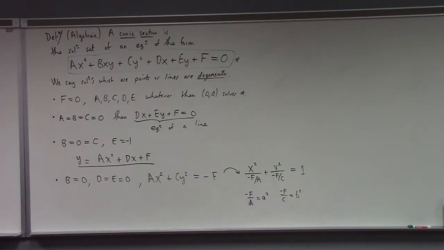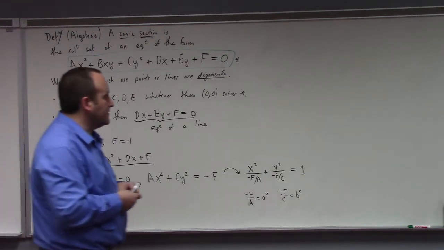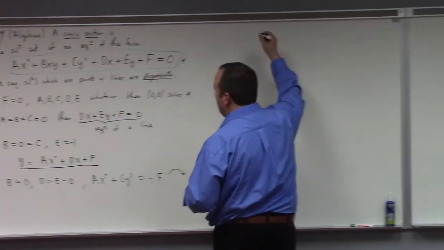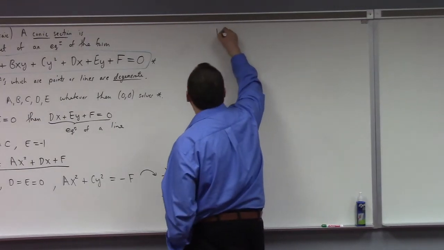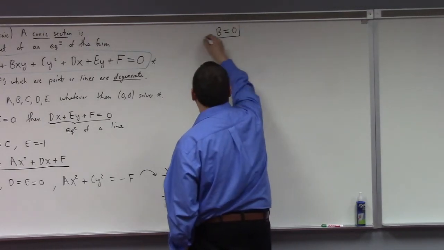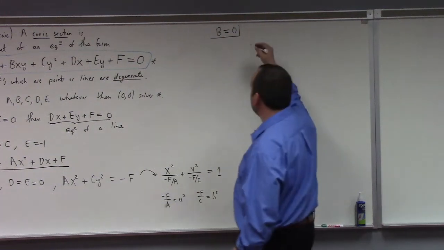Let's try to give some sort of indication for why that's all that there is here. What strategy should we use to convince ourselves that that's all that there is? I think it's helpful to start with b equals 0. So we're going to look at the context b equals 0.